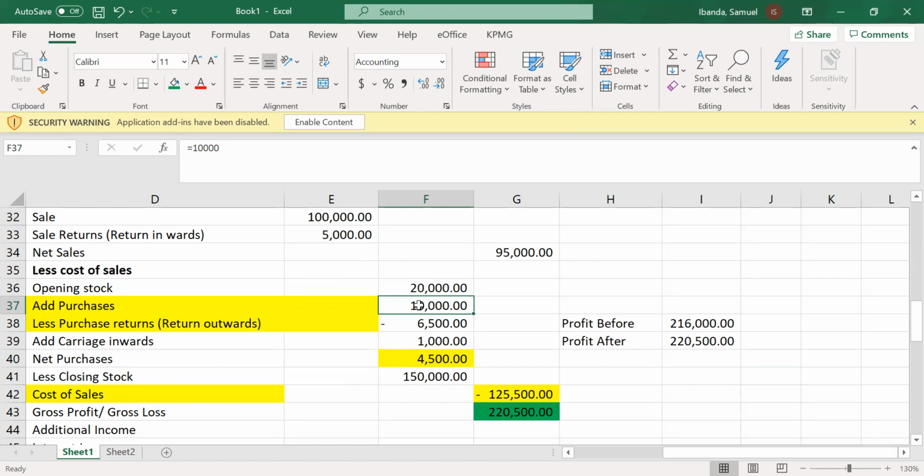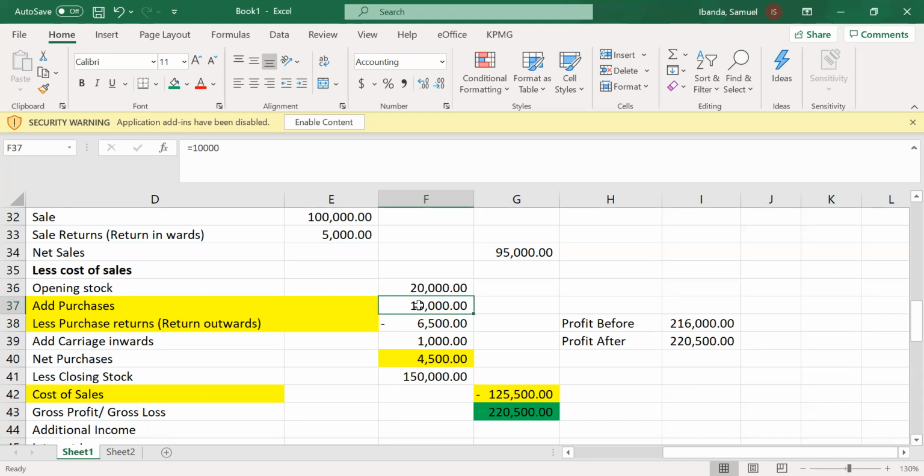And the higher the cost of sales, the lower the profit. Okay, I repeat. The higher the purchases, the higher the cost of sales, and the lower profit.